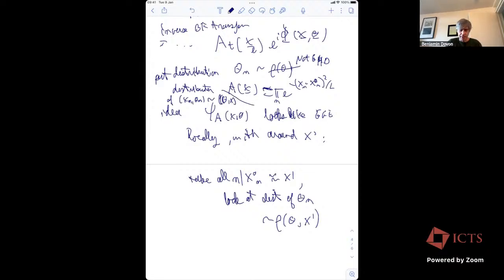Then psi a looks locally like a GGE controlled by all the n that are near x prime, and then you look at all the theta n's for these, and this is rho of theta, x prime. So I have these theta n and x0 n distributed in some way, and that gives me rho of theta, x. And that should be describing the local GGE that you see. So that's the main idea.